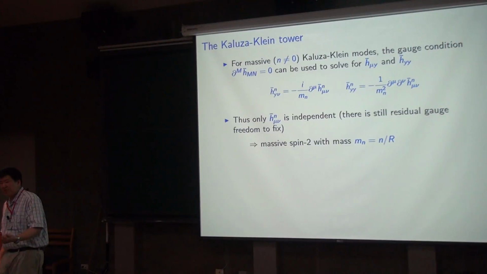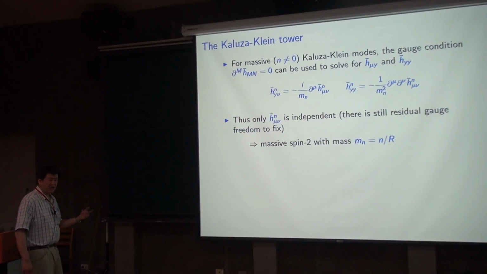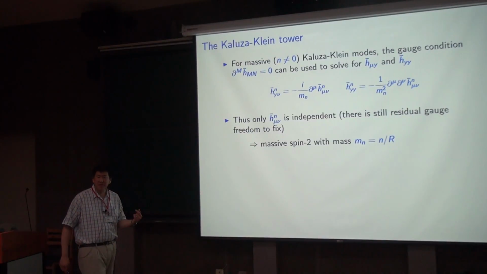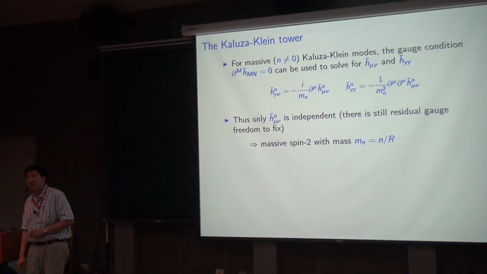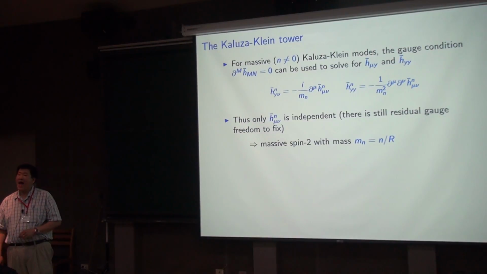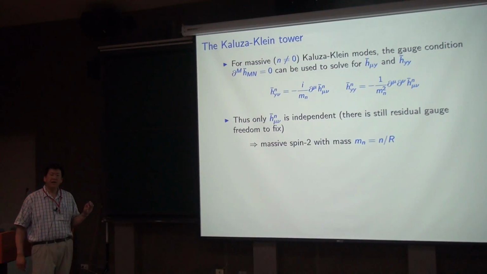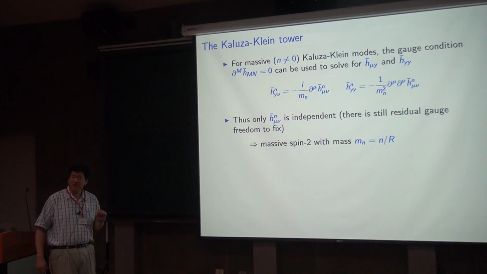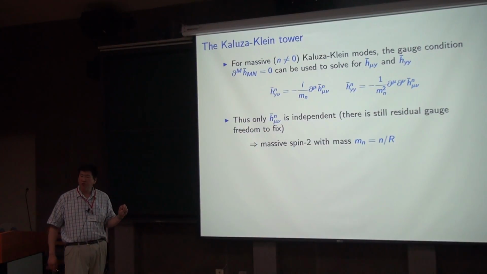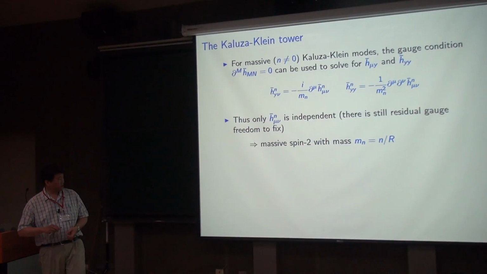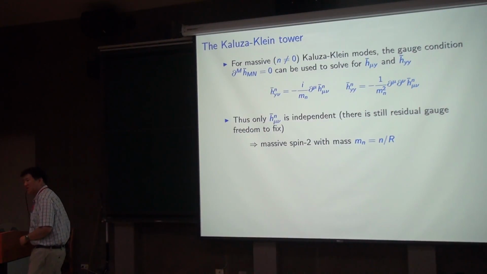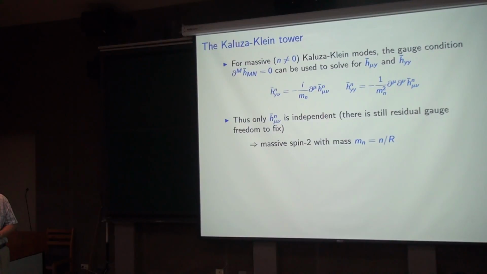I can take a massless spin 2 particle, it can eat the spin 1 particle to get the helicity plus minus 1 states, and then eat the spin 0 particle to get the helicity 0 state as well. So I can think about this massive spin 2 as taking the spin 2, spin 1, and spin 0, the h μν, h μy, and h yy components, and eating them all to form just one physical massive spin 2 at each level in the Kaluza-Klein tower.